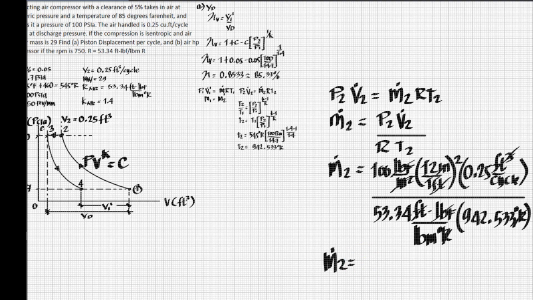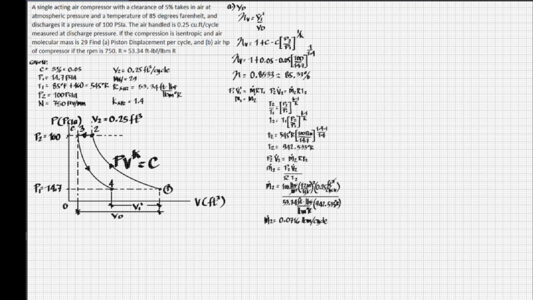Now, pressing my calculator, the mass flow rate that comes out is 0.0716 pound mass per cycle.